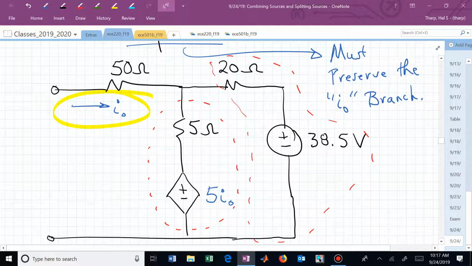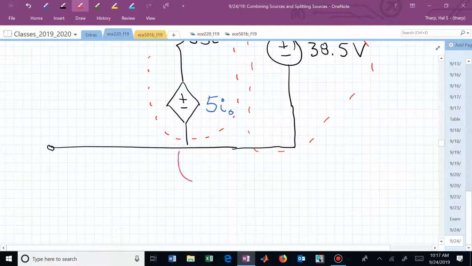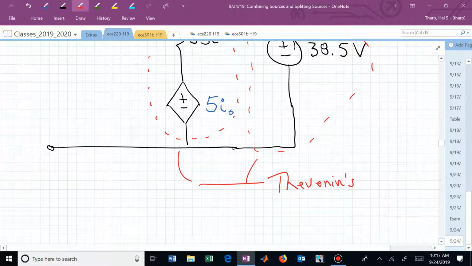That's begging us to convert each of these into its Norton equivalent and combine the Nortons and then back out a Thevenin from that reduced combination. These Thevenins are in parallel with each other.